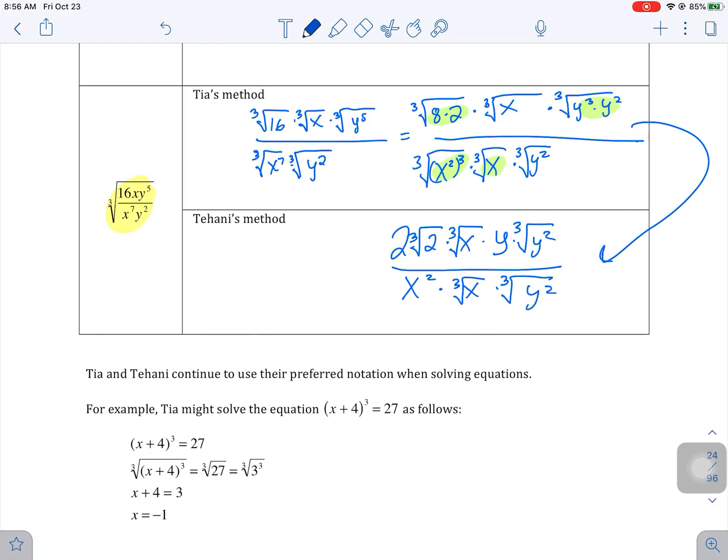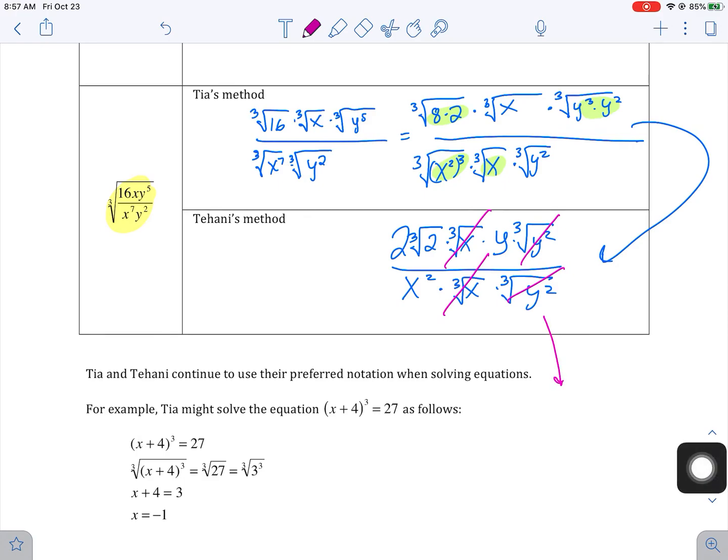And then what we can do, hopefully, is we can factor out. These cancel out. When we divide them, we get 1. These cancel out. Okay, so anything else? Doesn't look like it.